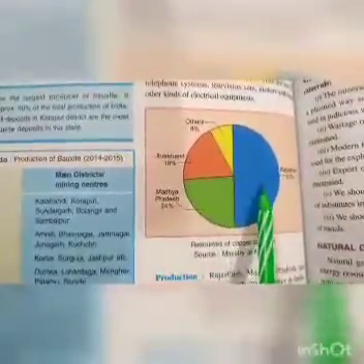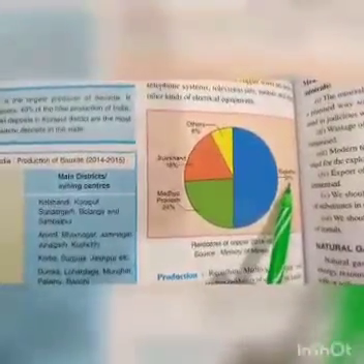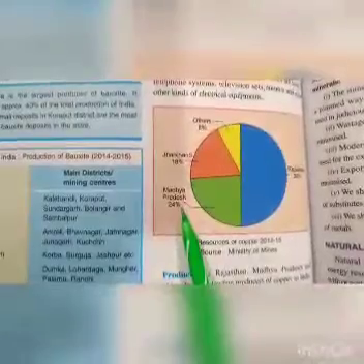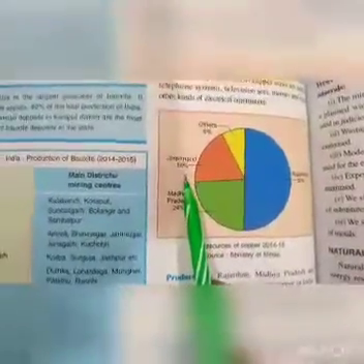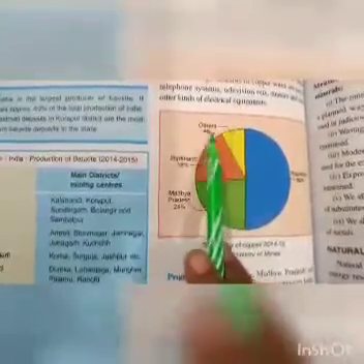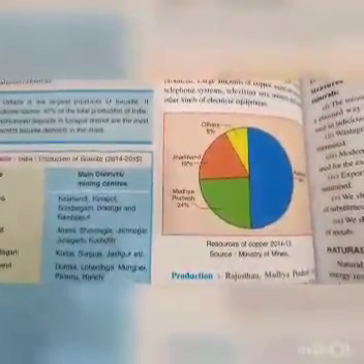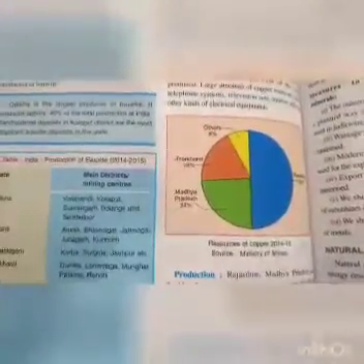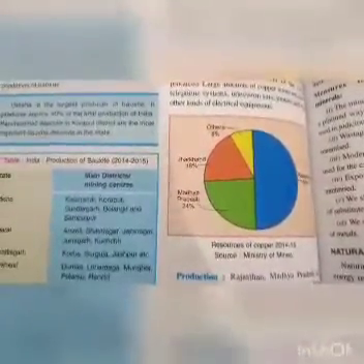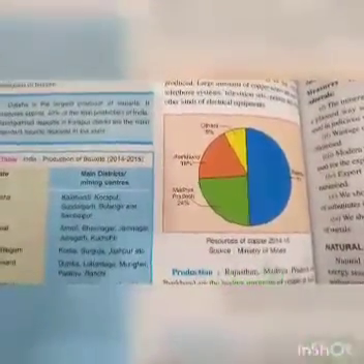Rajasthan is the leading producer of copper with 50%, then second is Madhya Pradesh with 24%, Jharkhand with 18%, and the rest is 8% others. So this is the pie chart showing the resources of copper surveyed in 2014-15, sourced from the Ministry of Mines.